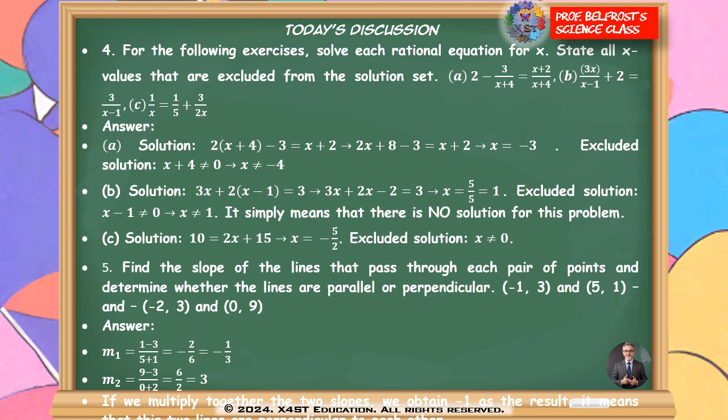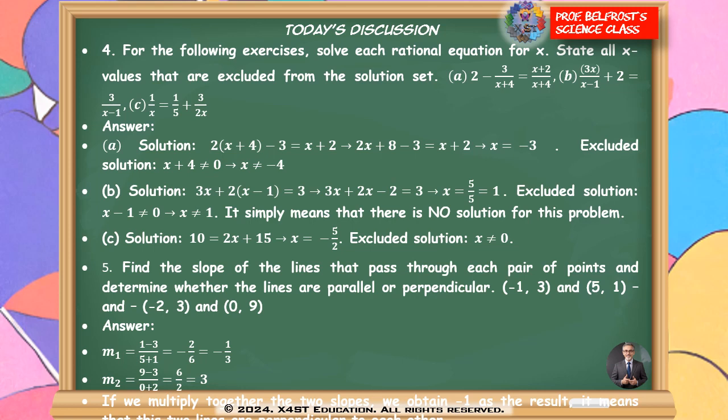It only applies to rational equations, which have a numerator and a denominator. You cannot make the denominator zero, because everything divided by zero is undefined. So you always need to make sure that the bottom part is not equal to zero. That is the excluded solution.